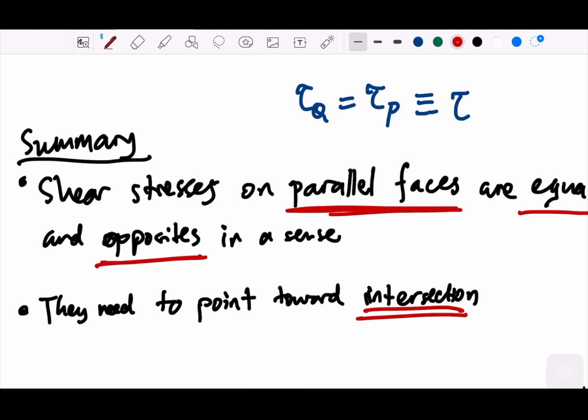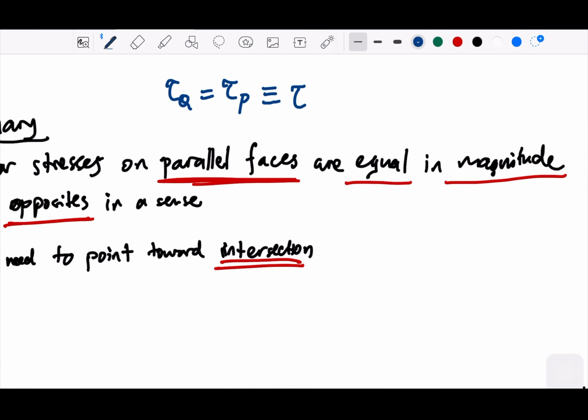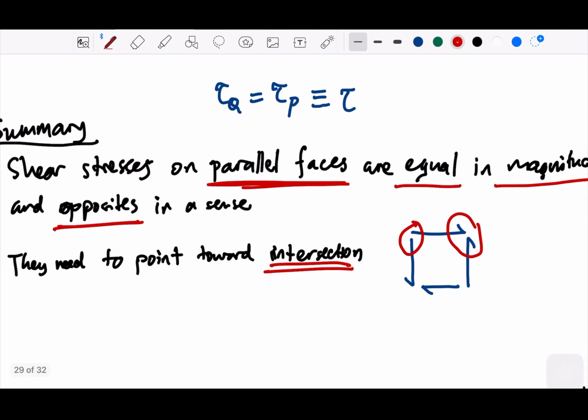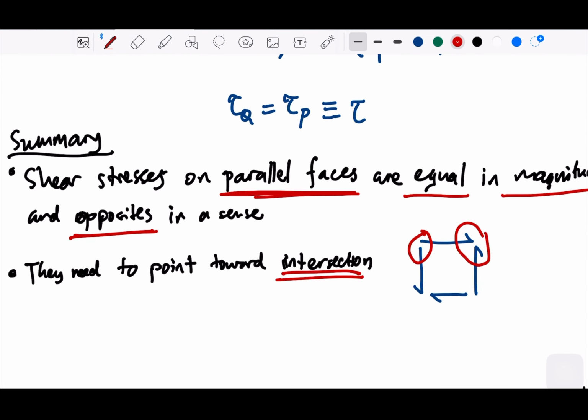So what does that mean? It means like this. If this is going to be here, then there will be another one going there. So it should be head to head like this, or tail to tail like that. This is just a definition of what we need for a pure shear on one element.